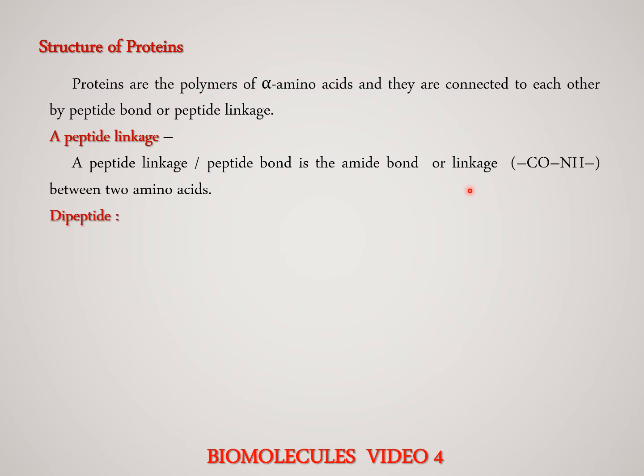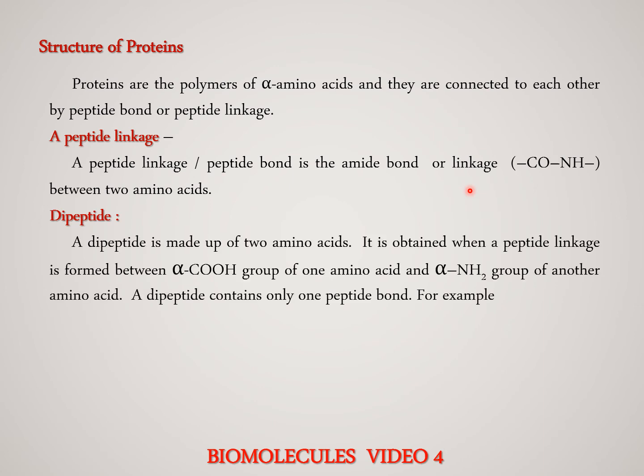What is then a dipeptide? A dipeptide consists of two amino acids where the acid group of one amino acid reacts with the basic group of another amino acid to give rise to the formation of a dipeptide.